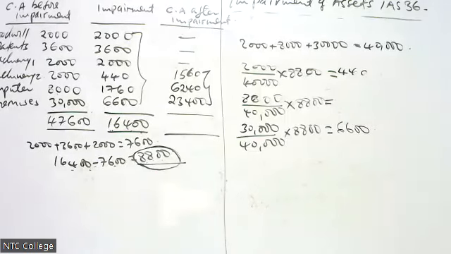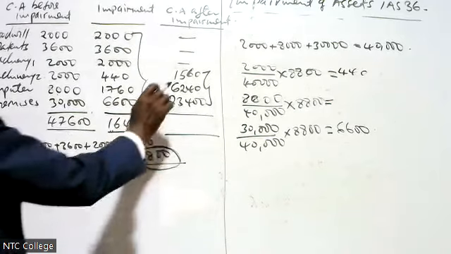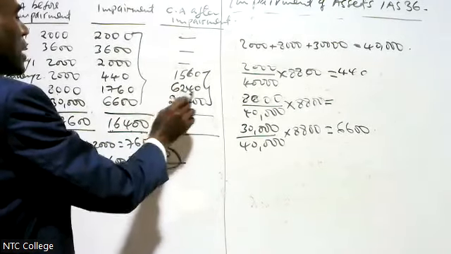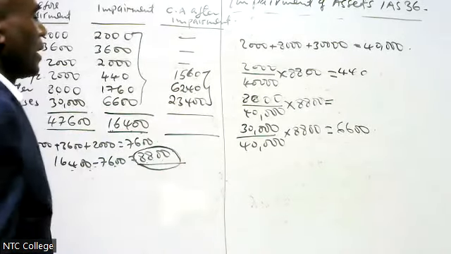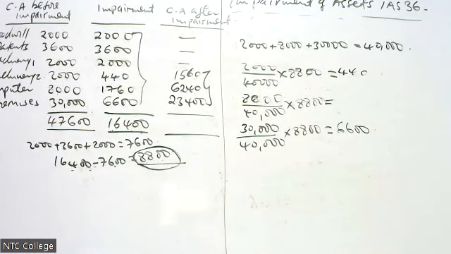You get 1560 plus 6240 plus 23,400. How much are you getting? 31,200.